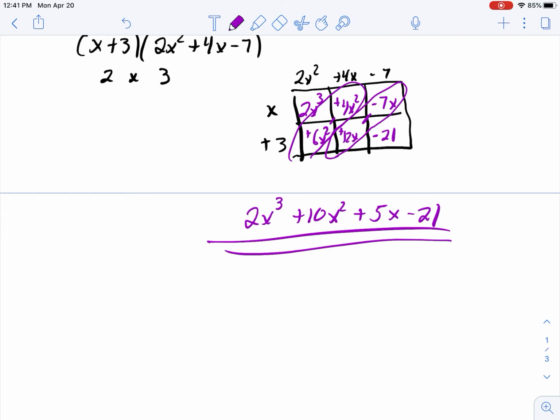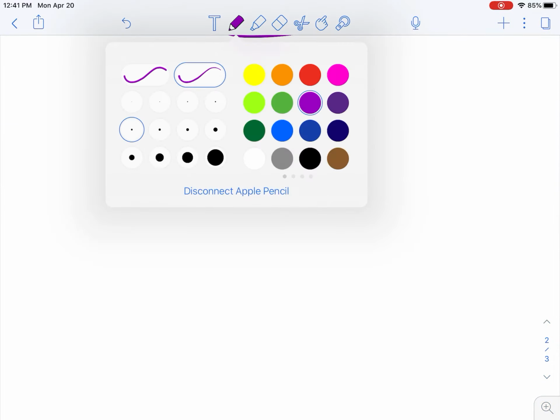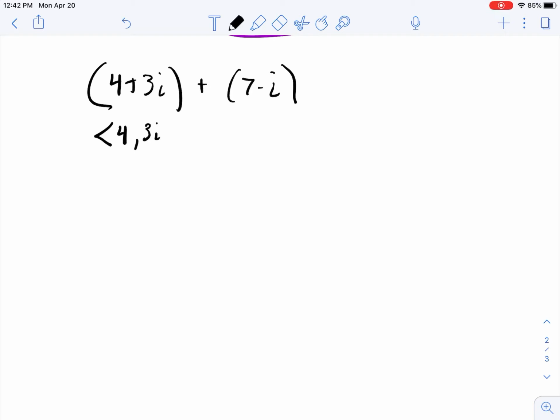Okay, the next piece, and again, it's kind of going back to a review here on our vectors. So let's say we have my components, say 4 plus 3i plus 7 minus i. Again, we looked at this as 4 and 3i, and we're adding it to 7 comma negative 1i.